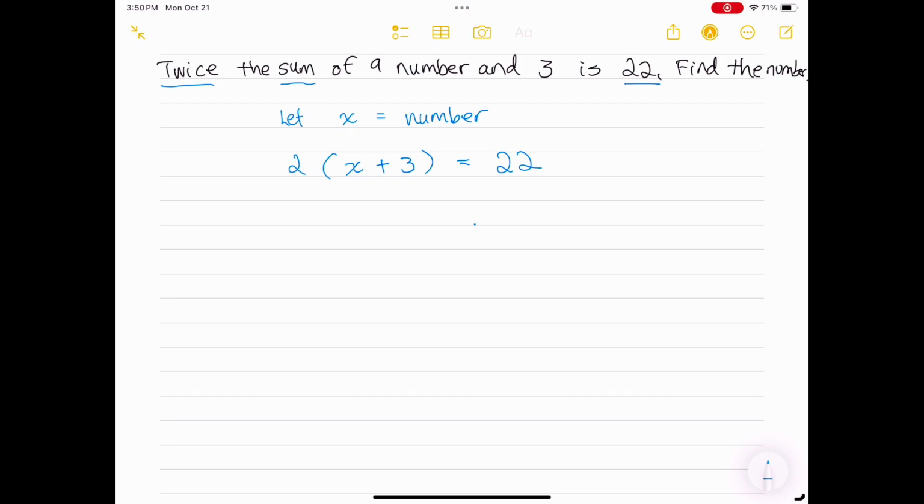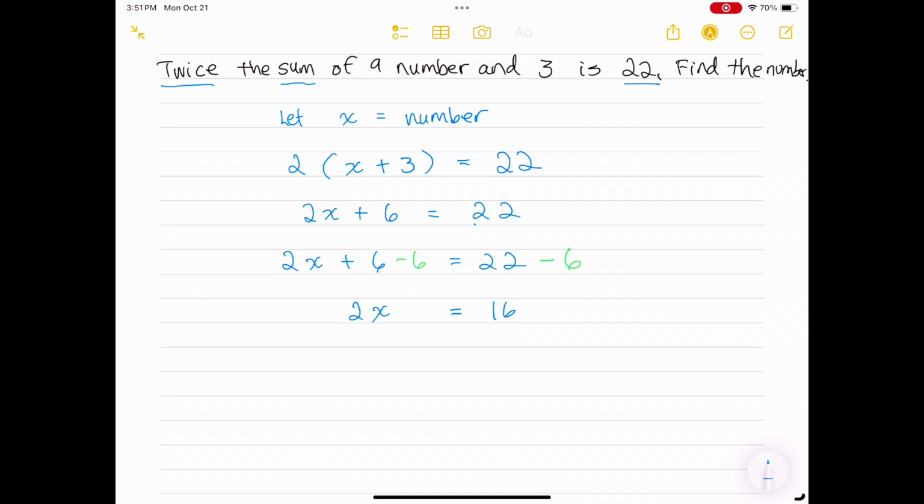Now I use the distributive property to remove the parenthesis by multiplying both x and 3 by 2, giving us 2x plus 6 equals 22. Next, I bring the numbers to the right-hand side of the equation by subtracting 6 from both sides, so the equation stays balanced.